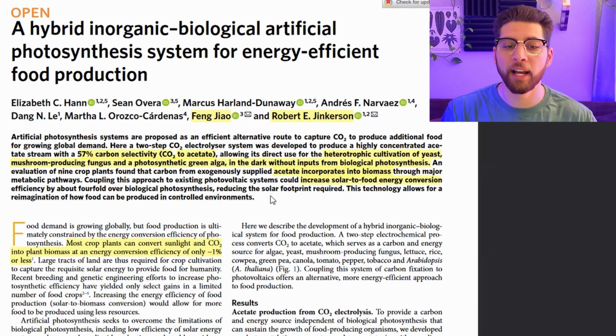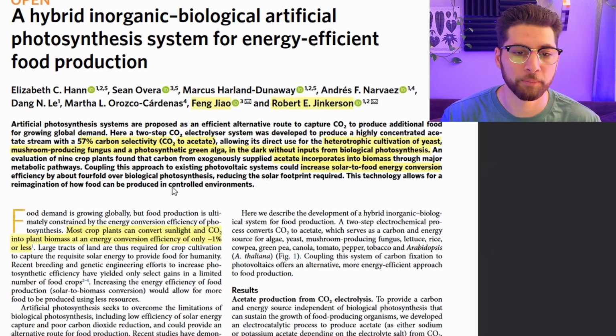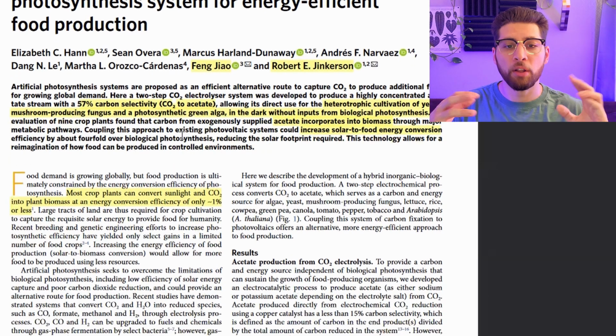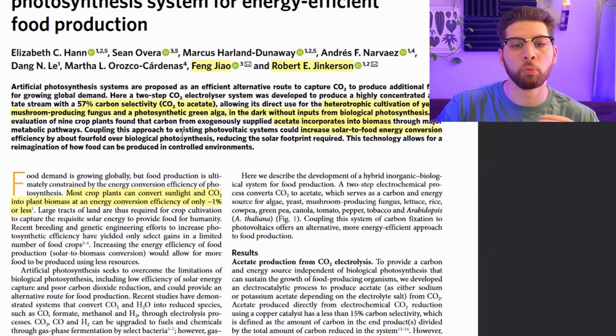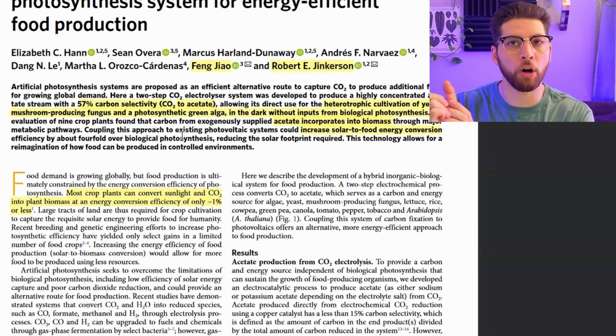So what exactly do we mean by artificial photosynthesis? What are the details? Where are we getting these numbers from, right? So the Feng Zhao group has worked for a while on producing a system to convert carbon dioxide into small carbon molecules like acetate.